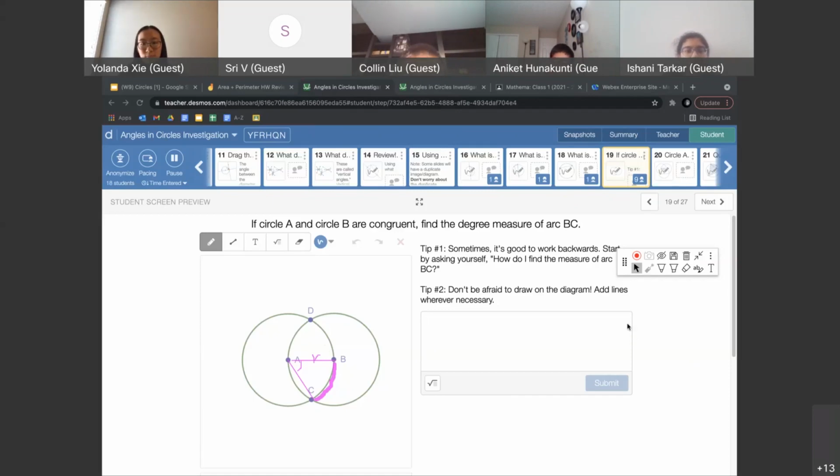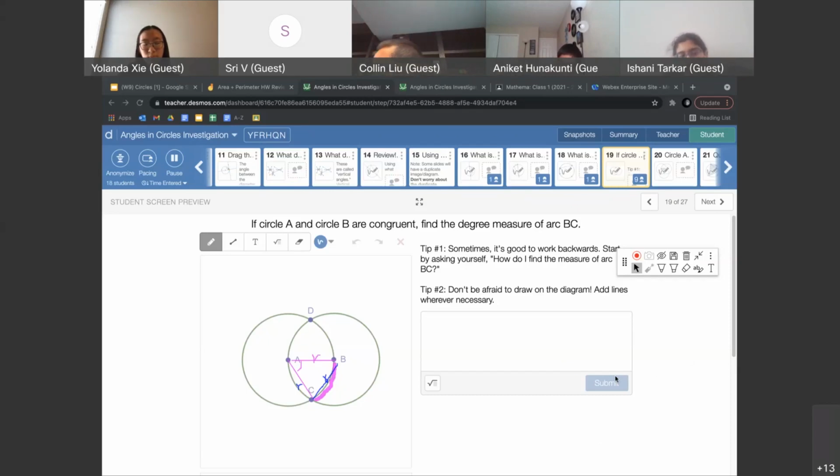And then we know that AC is the radius of circle A and is therefore equal to the radius of circle B. And then BC is the radius of circle B and therefore the radius of circle A, right? So that means we can see that we have drawn a triangle with equal sides, meaning it's equilateral.